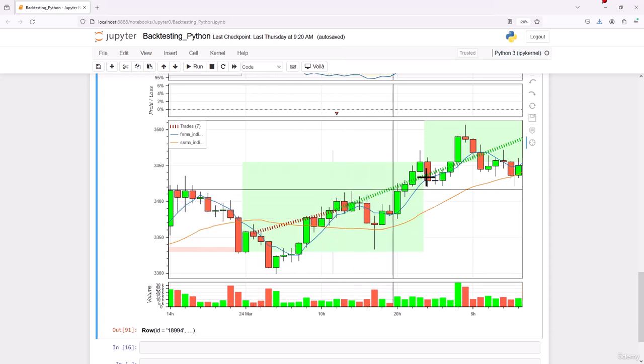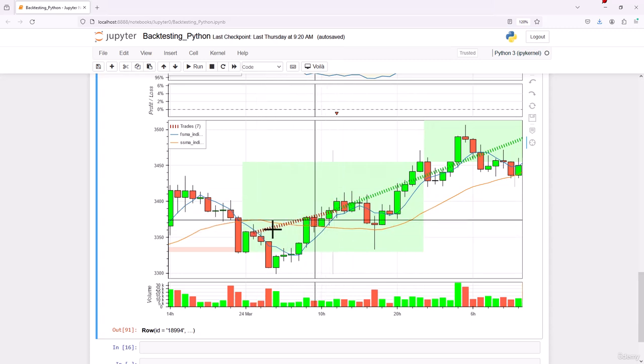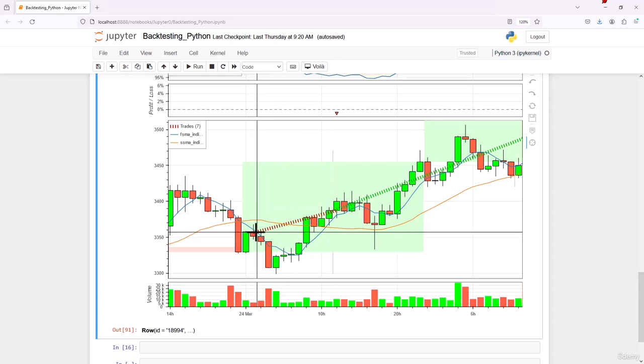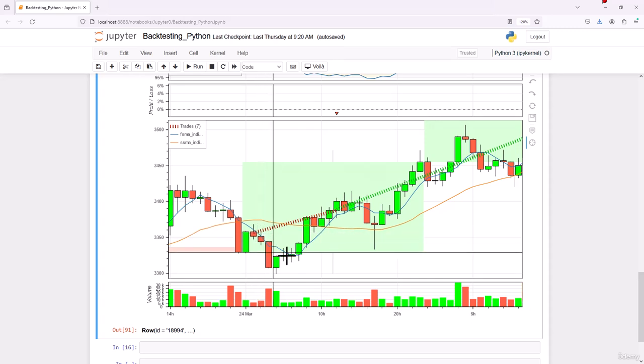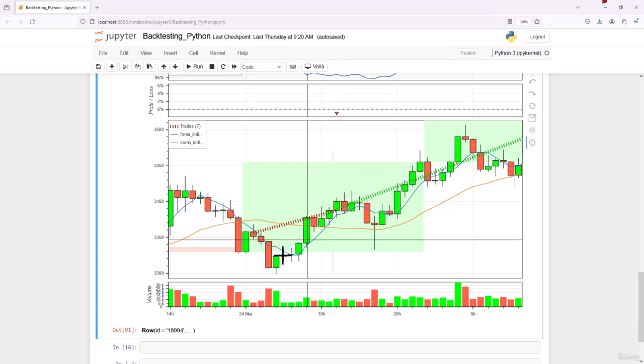In the charts, the red hash represents a loss-making trade, and the green hash represents a profitable trade. For example, in this trade, we have a sell trade, and if the closing price exceeds the opening price, we are at a loss. Actually, the closing price is higher than the opening price, and since we had a sell trade, we incurred a loss.